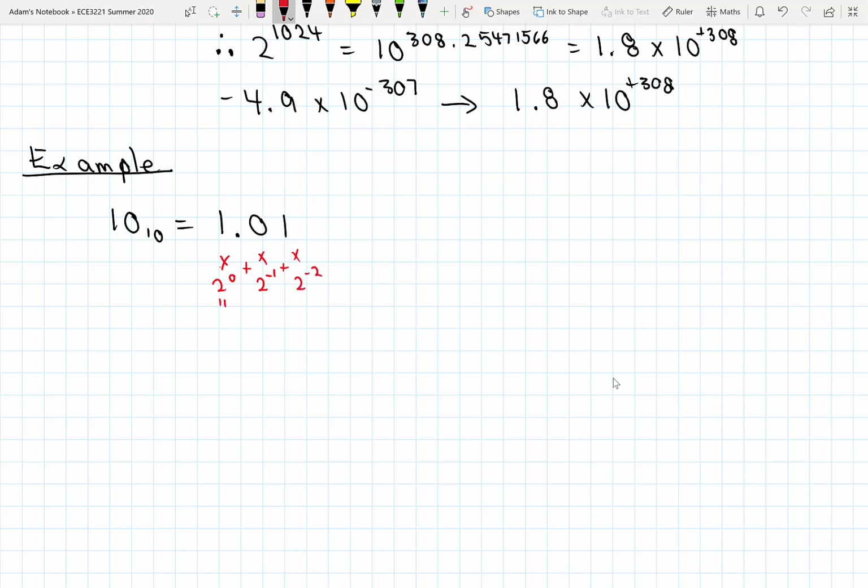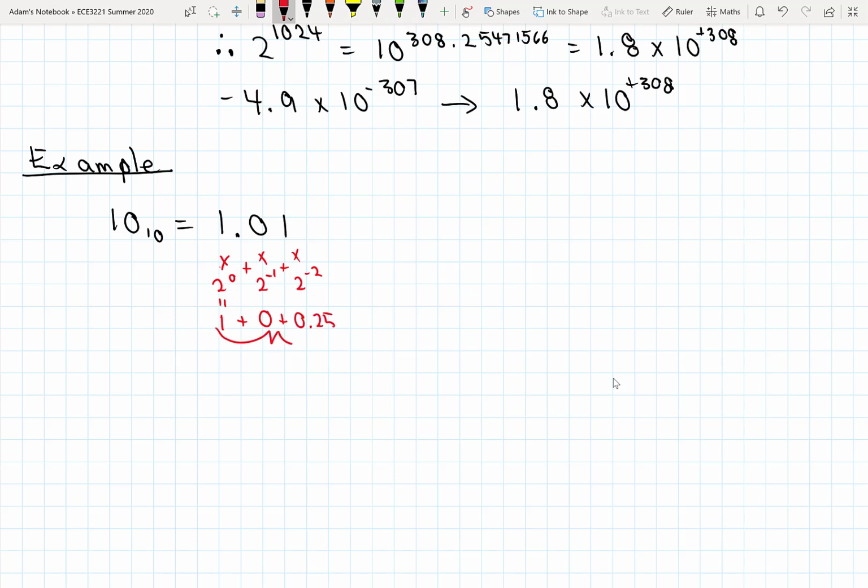So this gives me a value of 1 plus 0 plus 1 times 2 to the minus 2, which is a quarter, or 0.25.